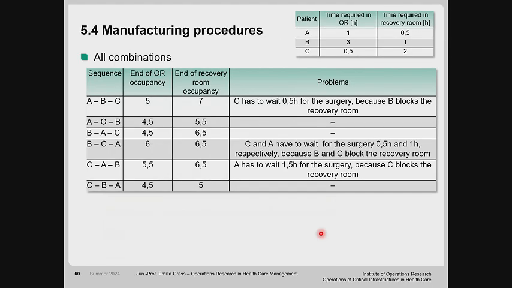Here we see all the 6 combinations, ABC, ACB, and so on, and you can see the end of the operating room occupancy and also the end of the recovery room occupancy. And you can see here how long the patients have to wait. So C has to wait half an hour, B, and so on. Also the same here, C and A have to wait. And here A has to wait 1.5 hours.